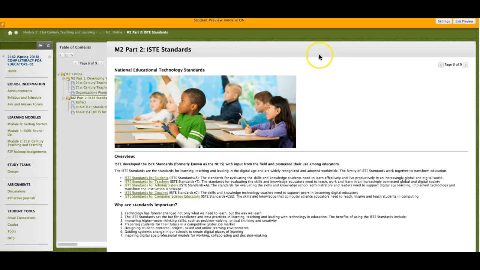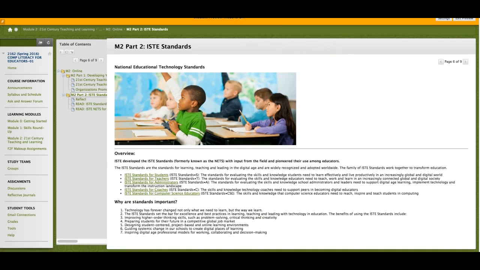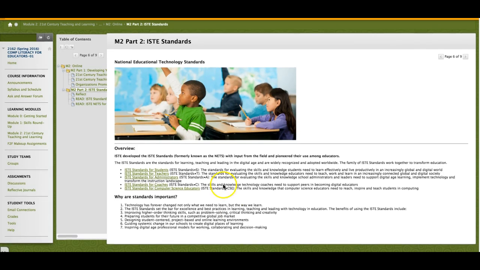But we also want to have some standards for other things as well. So the ISTE standards are the technology standards for students and teachers. They also have them for administrators, coaches, and computer science education, but we're going to focus on the ones for teachers and students in particular.